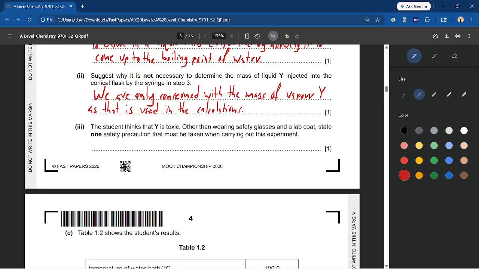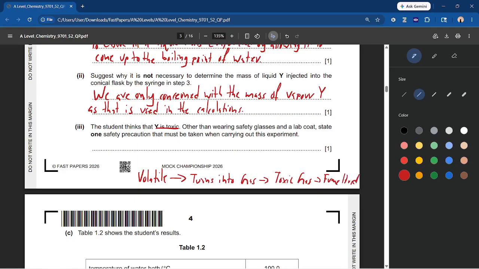All right, student thinks that Y is toxic. Other than wearing safety gloves and a lab coat, state 1 safety precaution that must be taken when carrying out this experiment. So very simple. You're just going to write, because your Y is toxic and it's a volatile liquid. Volatile means that it turns into gas. So whenever you're working with toxic gas, you always want a fume hood, a fume cupboard, whichever one you choose to write.